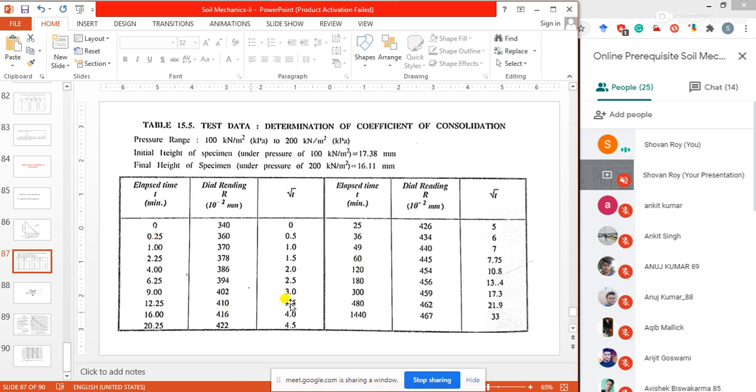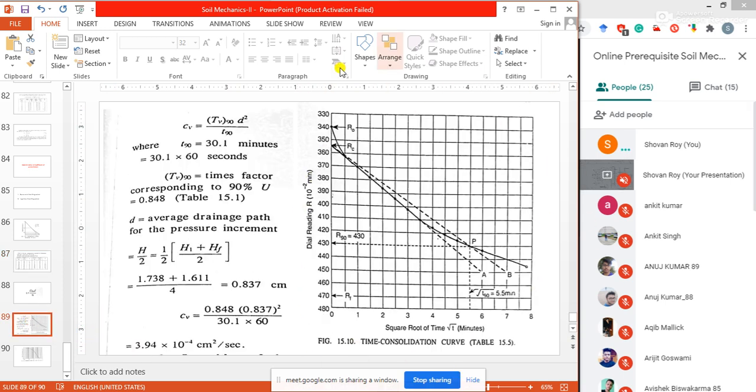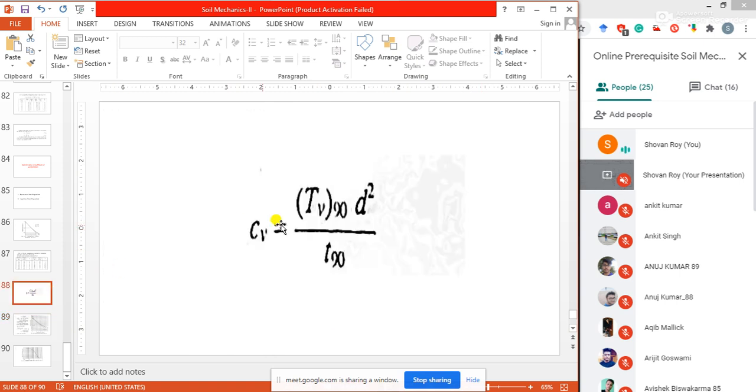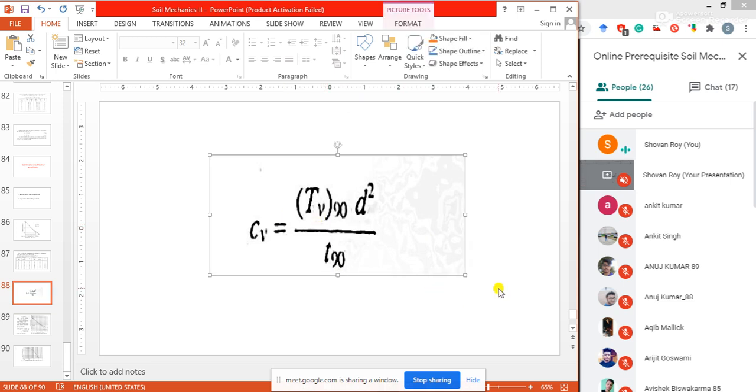So when I have the laboratory values, I can draw this graph, and when the U90 value is available, I can calculate the coefficient of consolidation, CV equals TV90 into d square by T90. This is a very important value you can write, because for every numerical problem this equation, the CV value, is required.